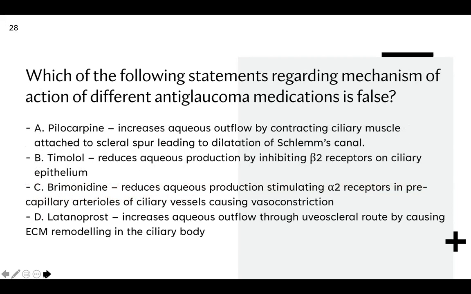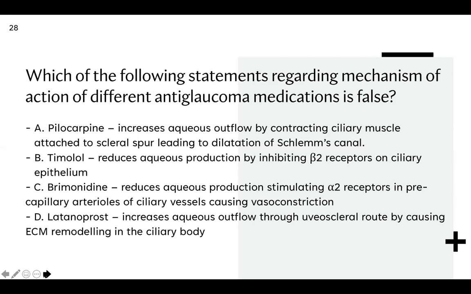Question number 28, which of the following statements about mechanism of action of different anti-glaucoma medications is false? So you have to mark the false statement. A, pilocarpine acts by increasing the aqueous outflow by contracting ciliary muscles attached to the scleral spur, leading to dilatation of the Schlemm's canal.